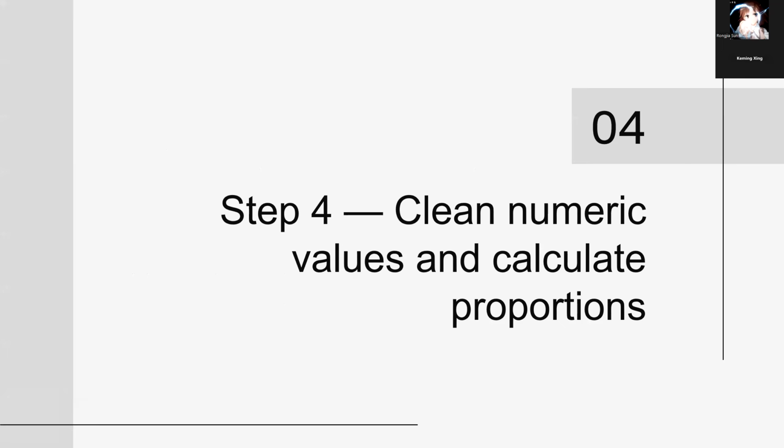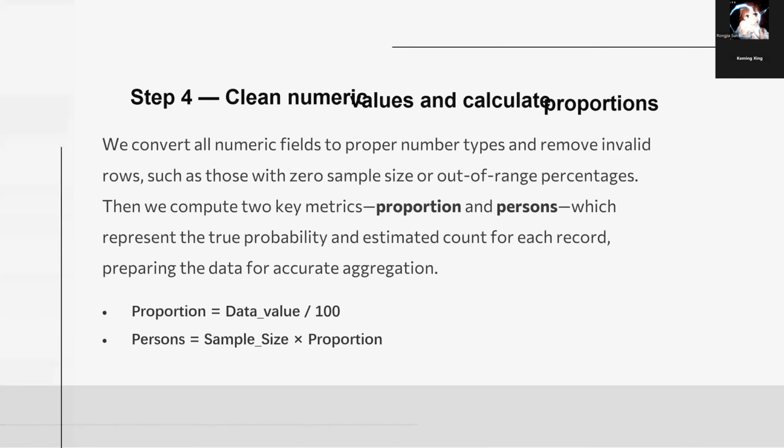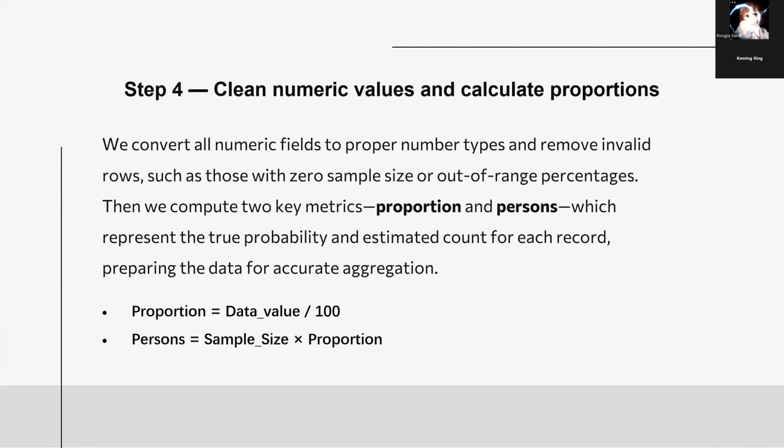The next step is to clean the numeric values and calculate the proportions. When we merged this dataset, we needed to convert the numeric types and remove the rows with invalid values, such as zero sample size or percentage outside the 0 to 100 range.